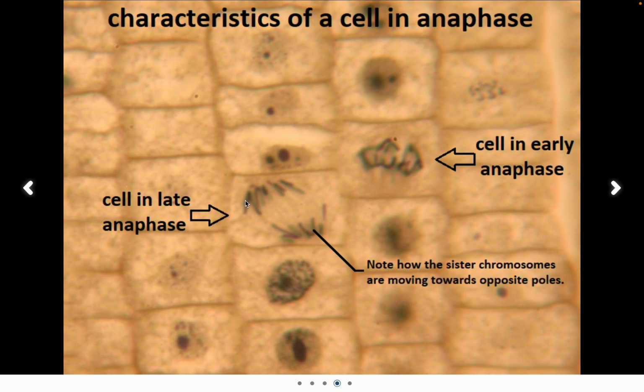And so this is what we would call late anaphase, where that separation being pulled away has almost completely happened. Now that is the sister chromosomes have moved towards opposite poles. Sometimes we simplify by just saying sides, but the proper term for that is saying that they have been moved to opposite poles. Right? Now, hopefully you're looking at some of these other cells.